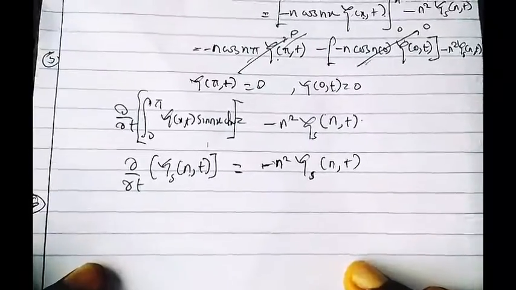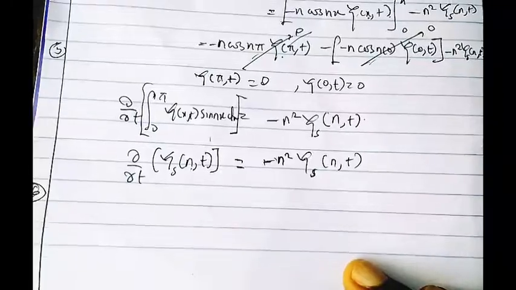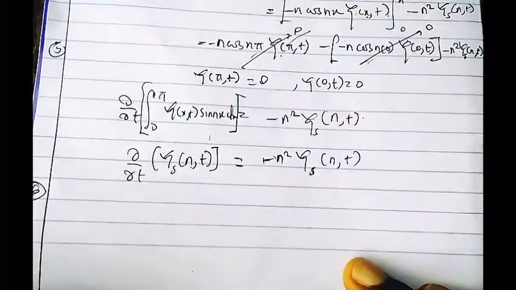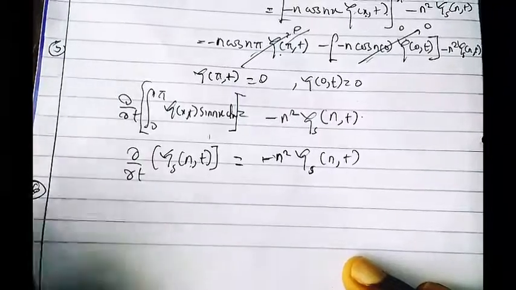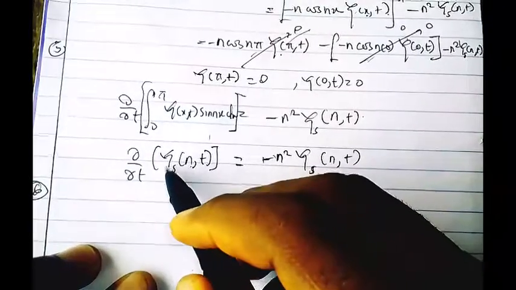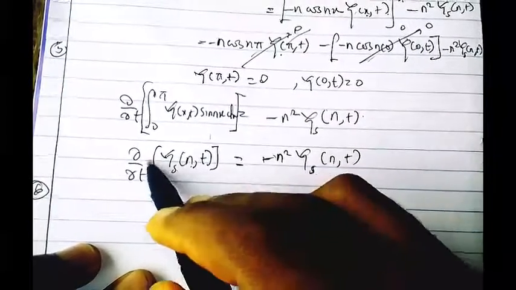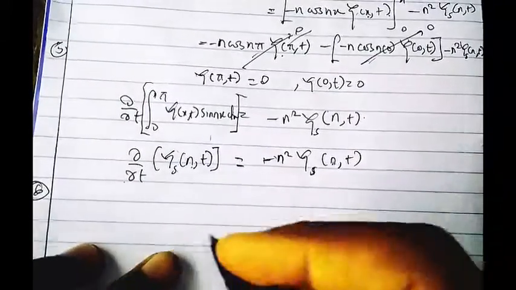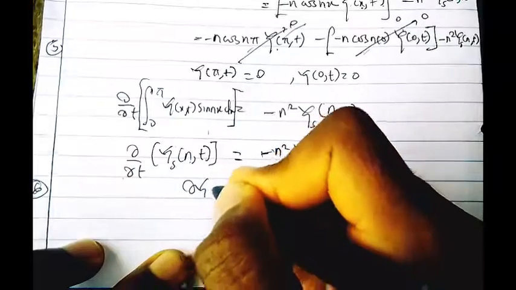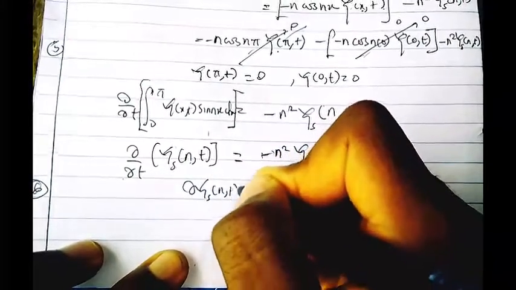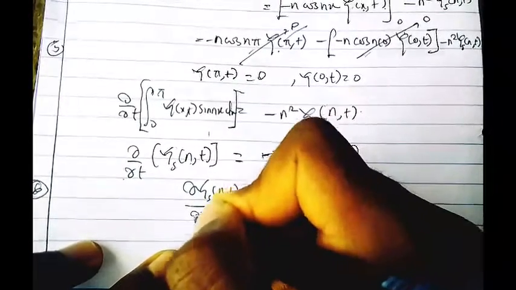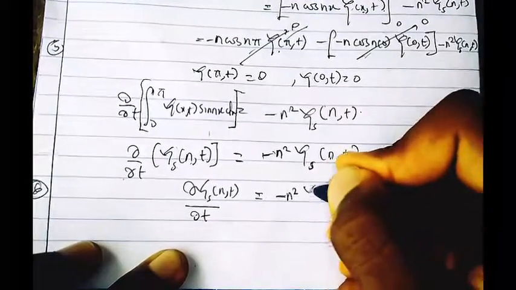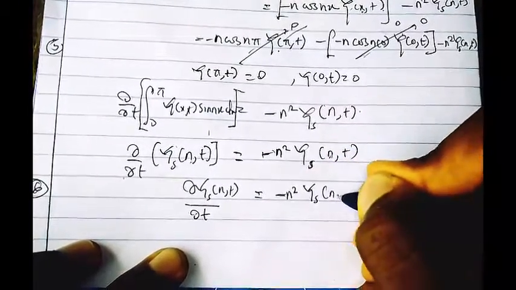In order to solve this, if you look at this, this is a first order differential equation. We can easily solve this by separation of variables, because this is my independent variable, dt, and this is my dependent variable here. Let me just rewrite this. This is dy, which is a function of n and t, divided by dt, equals minus n squared y subscript s, function of n and t.